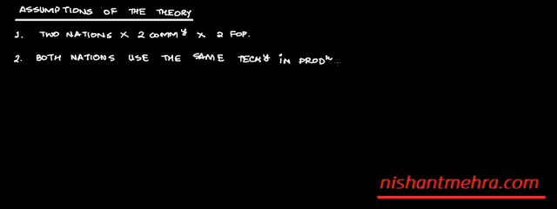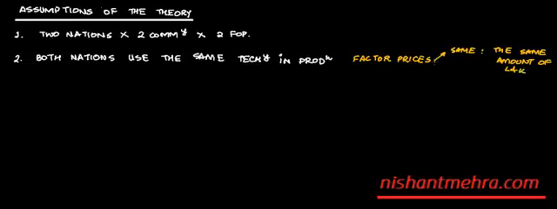So if factor price is the same, so there are two conditions here. Factor prices, if they are going to be the same in both nations, then both the nations are going to use exactly the same amount of labor and capital.